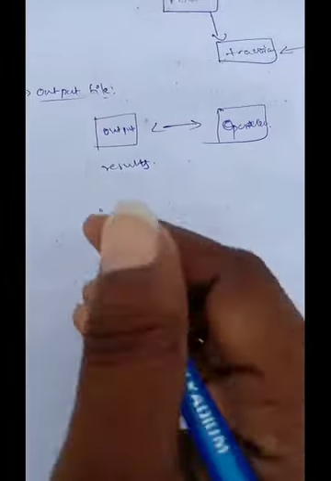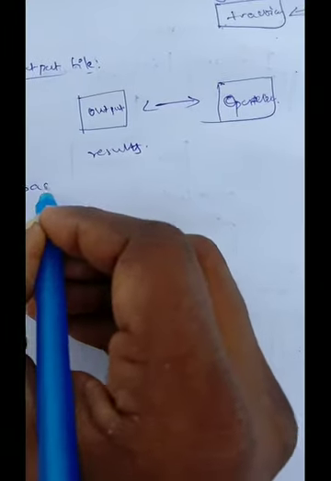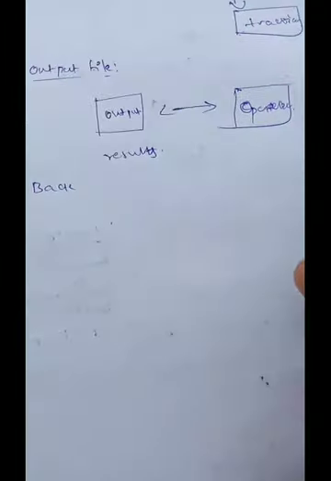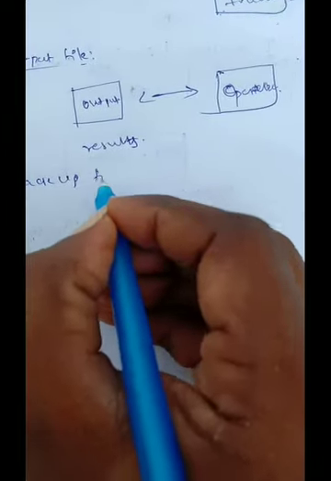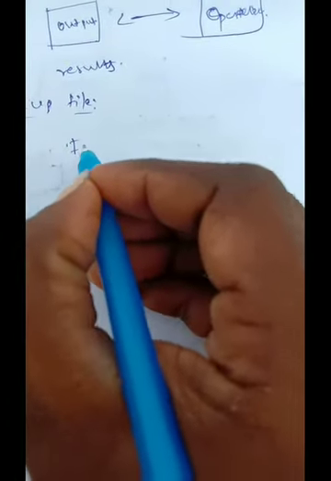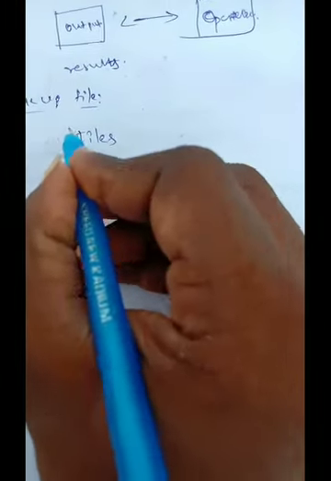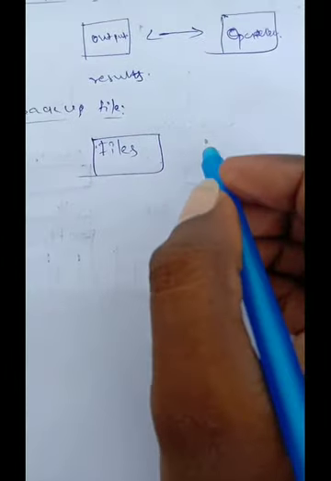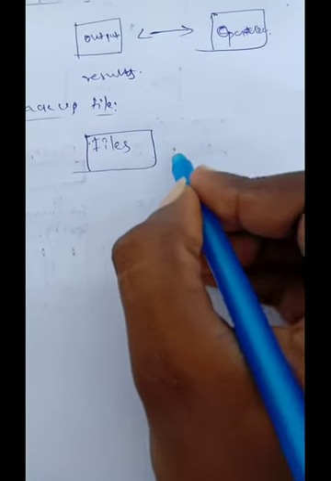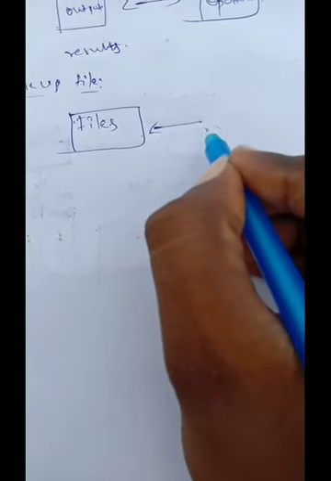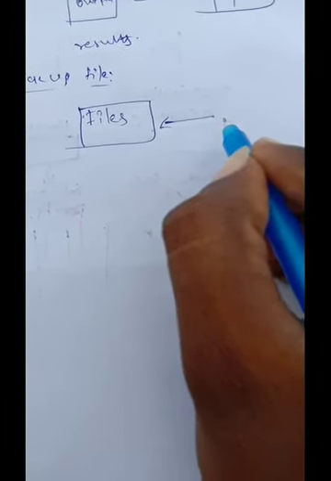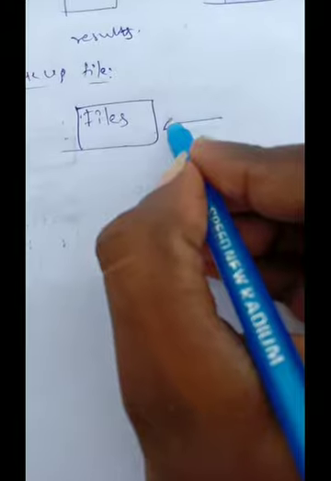The next one is the backup file. The file oriented approach uses a backup file, as the name suggests. When we are performing operations on files, we are not directly making changes in the original file. If any problem occurs, or a transaction or operation in between collapses, the data is going to be lost.